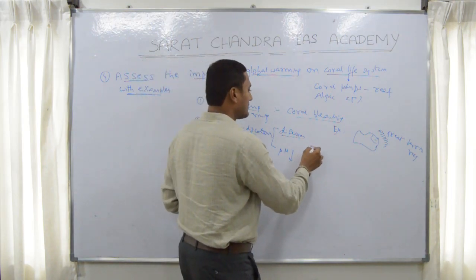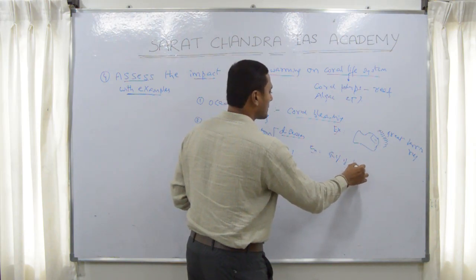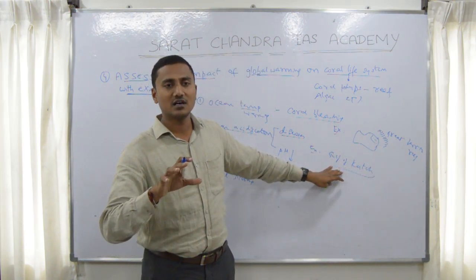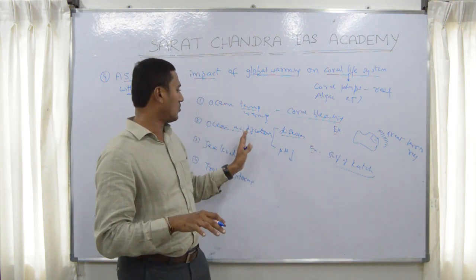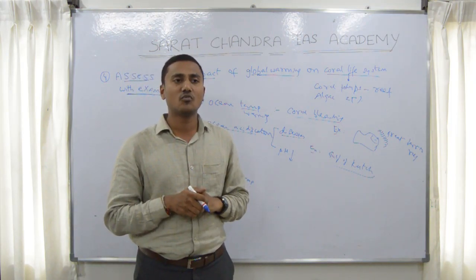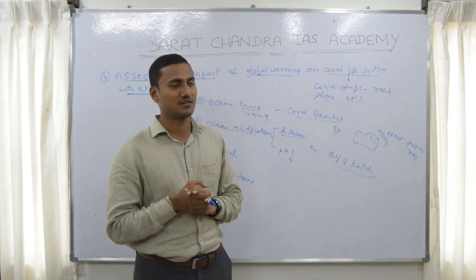So you can say the example of the coral reefs on the Gulf of Kutch. The coral reefs near the Gulf of Kutch definitely are not affected only by ocean acidification. Of course, they are also affected by other anthropogenic polluting activities happening on the coast of Gujarat.